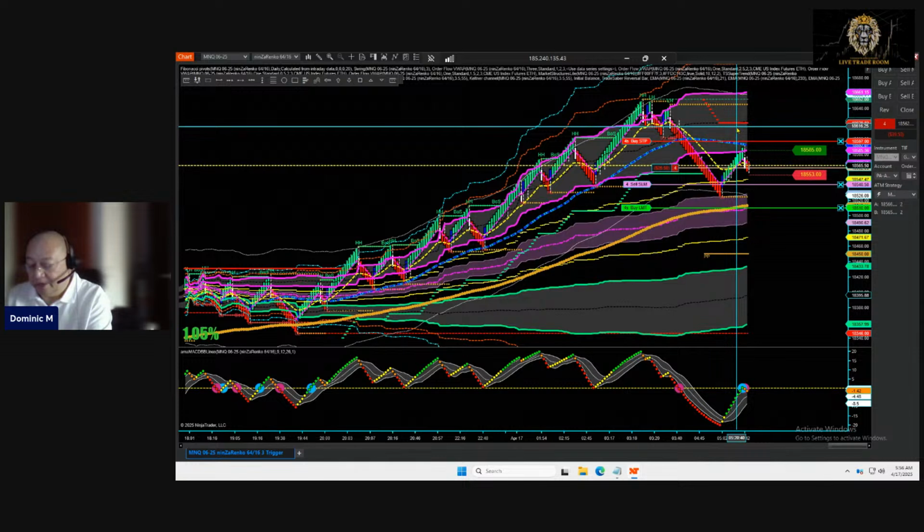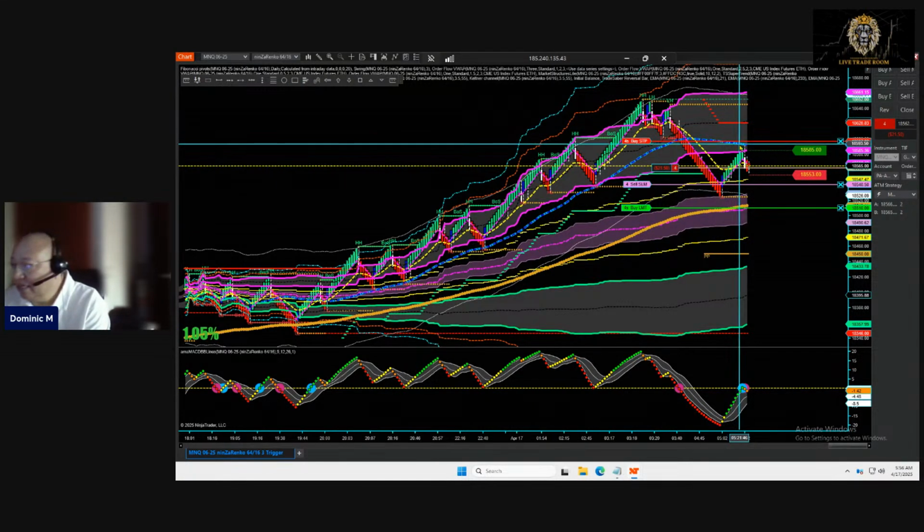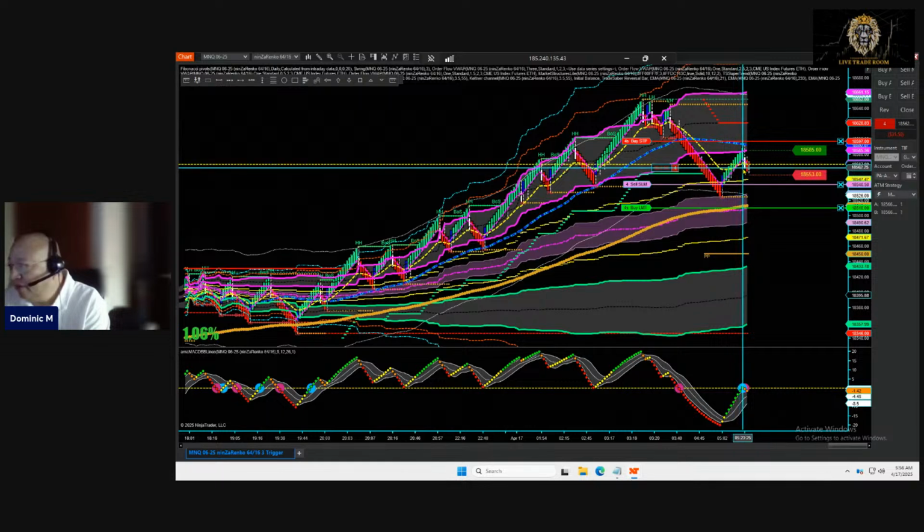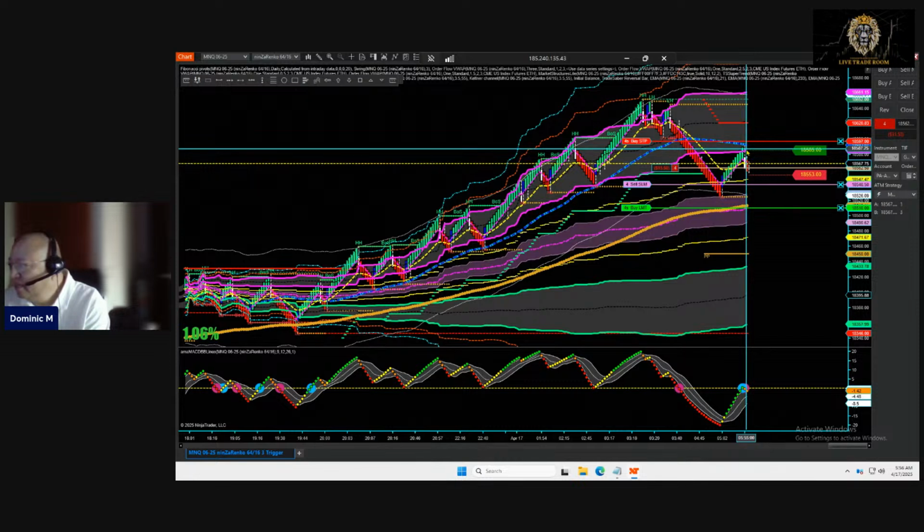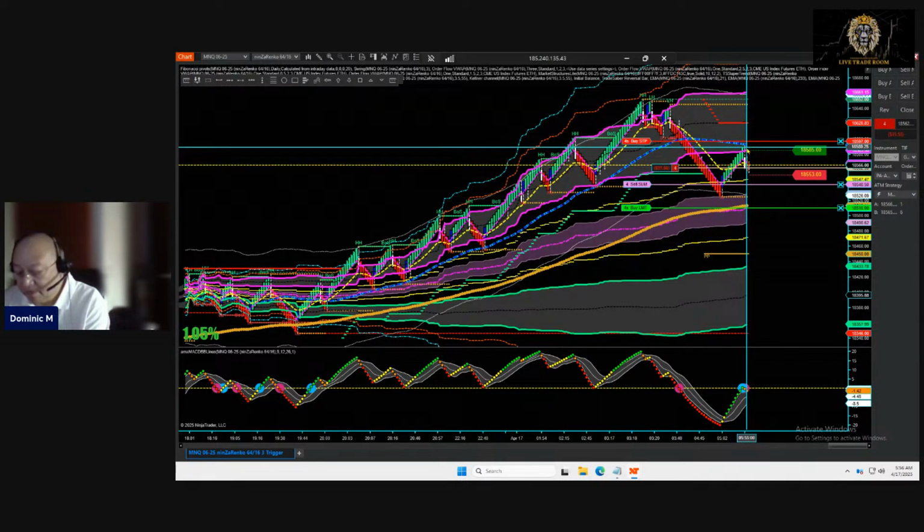Signal number two, conditional short, only if price falls below 18,589. So did it fall below 589? Yes, it did. Here's 18,589. Yeah, it fell below right there. So that's a conditional short. Entry would be below 18,570.